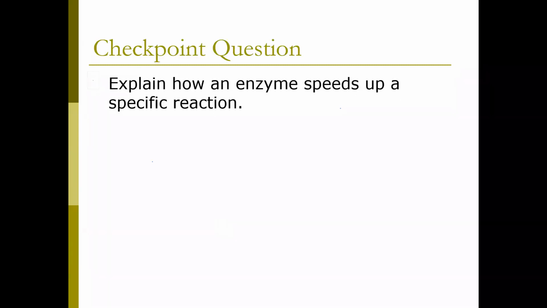So, checkpoint: explain how an enzyme speeds up a reaction. What does the enzyme do? It provides an active site for the substrate to bind to it. That basically gives the substrate a surface for a chemical reaction to take place.